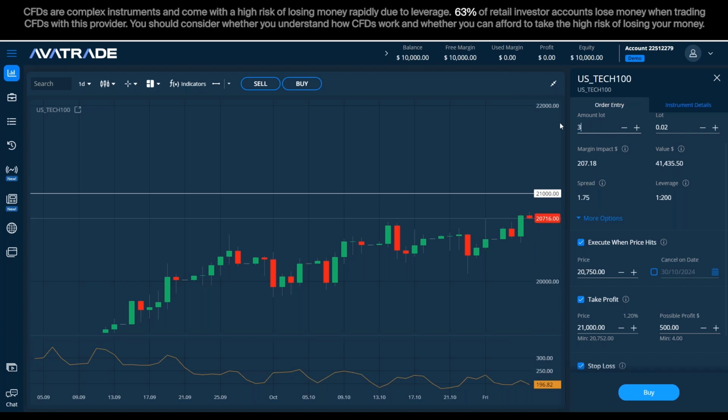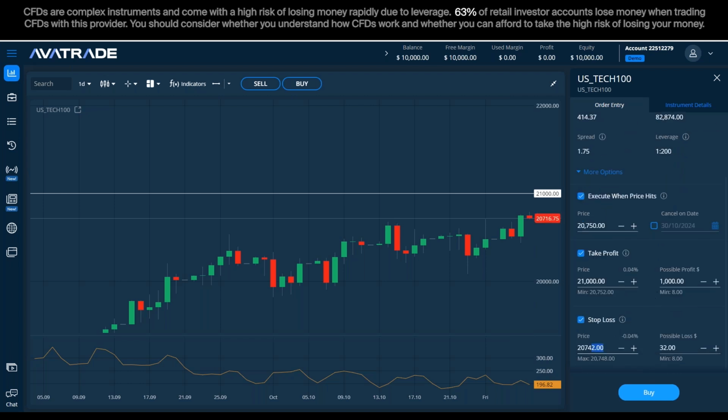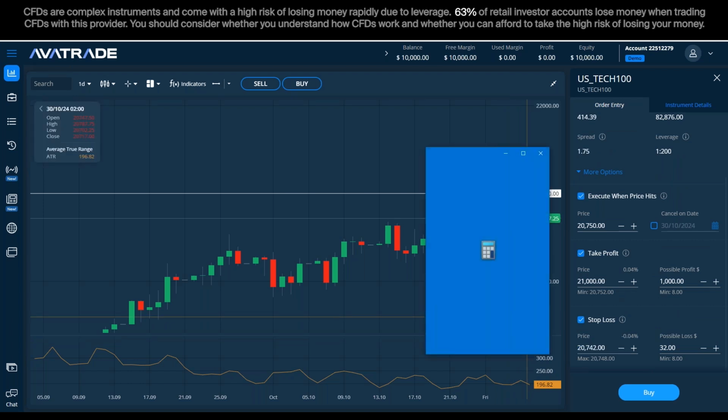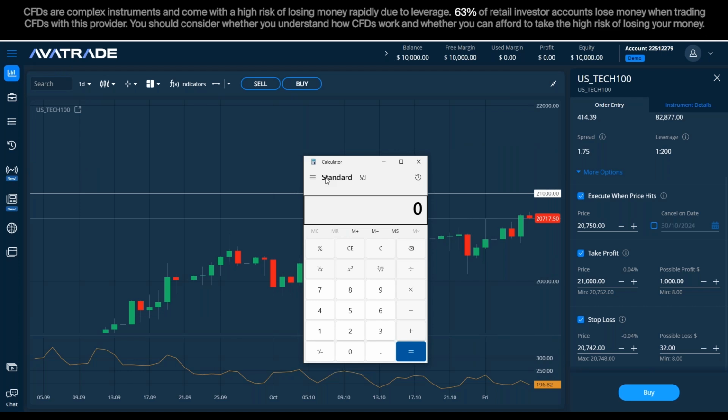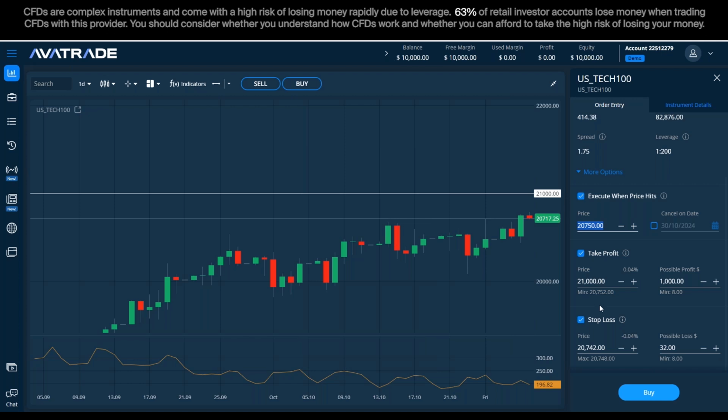If I have 3 units, then it's 750, and 4 is 1,000, as you can see here. A flat 1,000. If I go for the price, vice versa, instead of 21,000, we're going to deduct 250 from that. It will be 20,500.